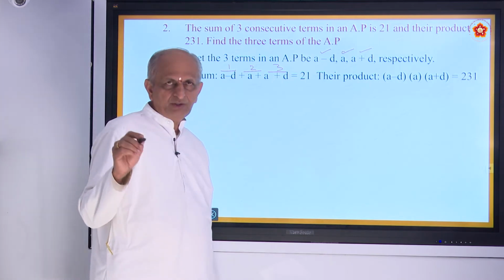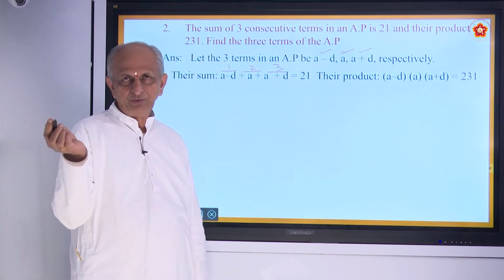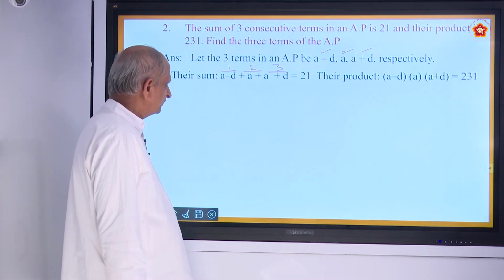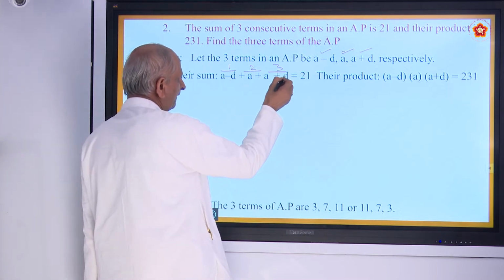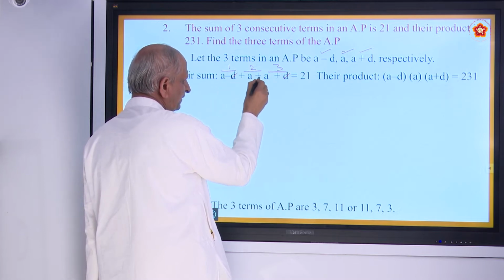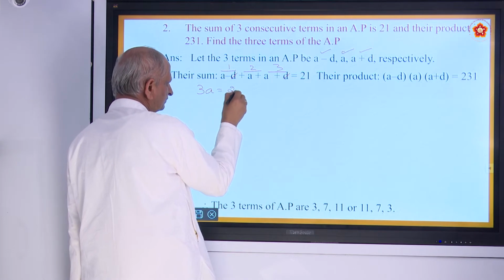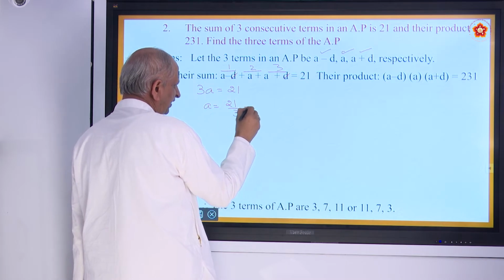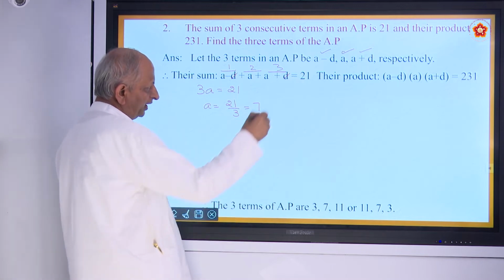Now for that, we know neither A nor D. So A we don't know, D we don't know. So you have to solve it. How to solve it? See here, plus D minus D cancels. A plus A plus A, how much? 3A is equal to 21. A is equal to 21 by 3, that is equal to 7. Use this here.